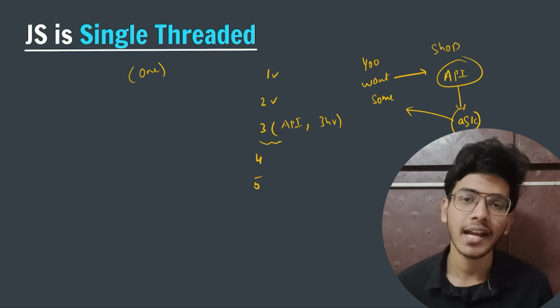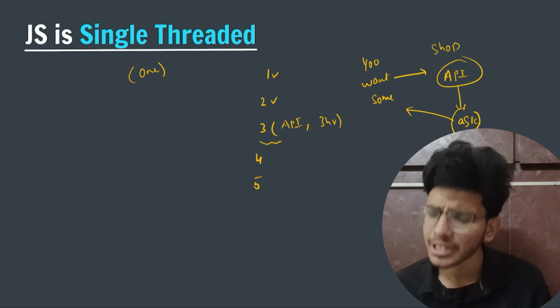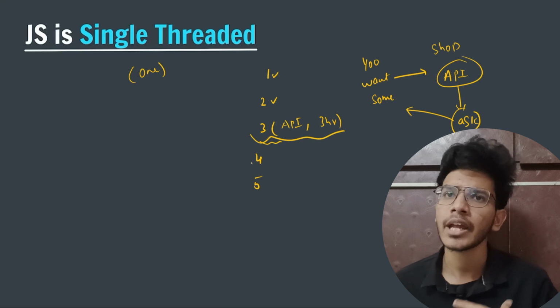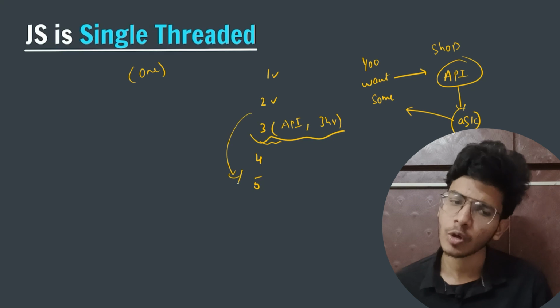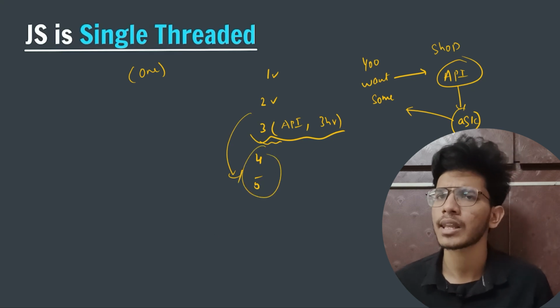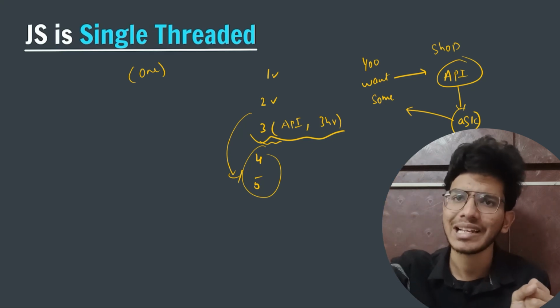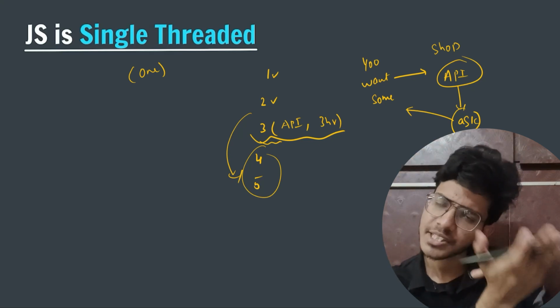So to understand how we can implement multiple things and tackle this problem, if an API or something is taking too much time, how can we go to the next lines, how can we ignore this third line, or put this third line in a separate location and let it do its own work, until then we will complete the rest of our work?